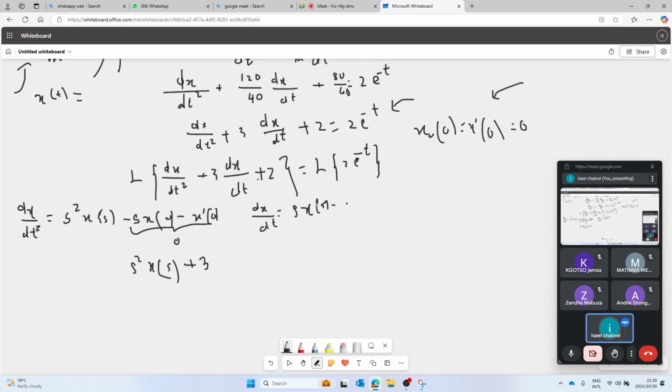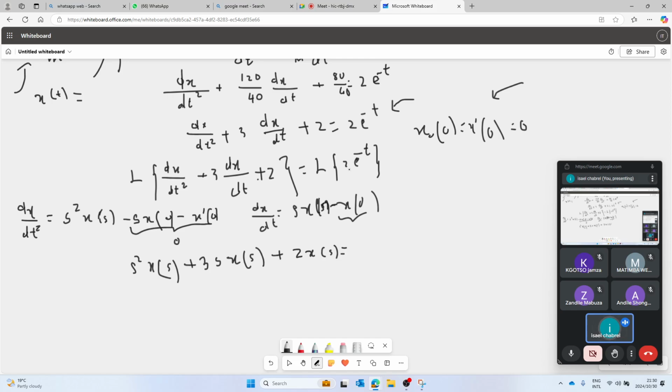Once again, it is x. So it's s X of s minus x of 0. But remember, this initial condition is equal to 0, so we don't worry about it. What is important here is 3s X of s, plus the Laplace of a constant times x, which is simply X of s, so this term will be 2X of s, equal to.